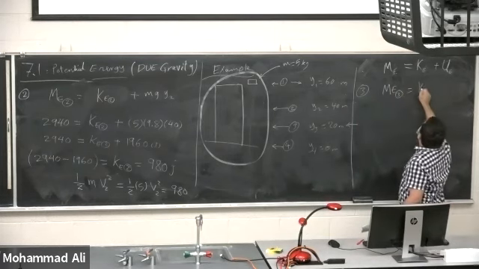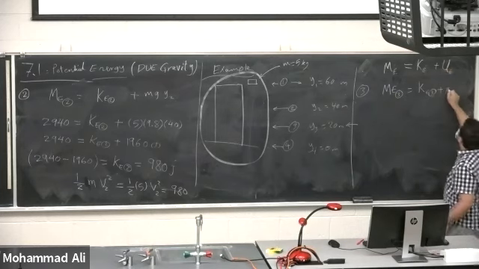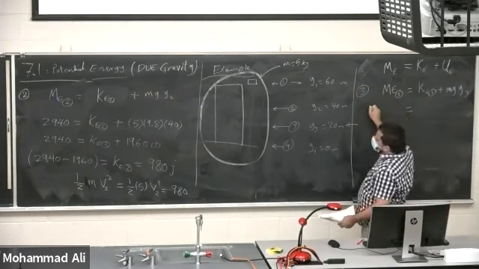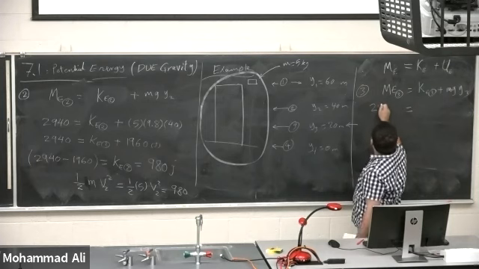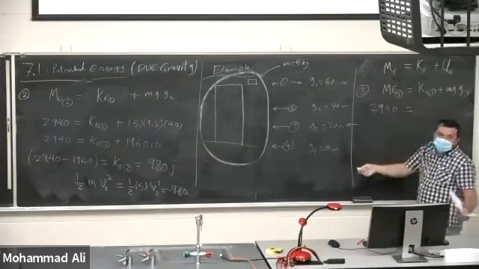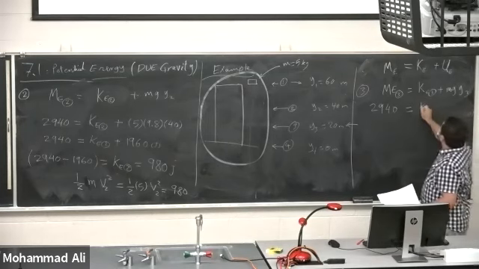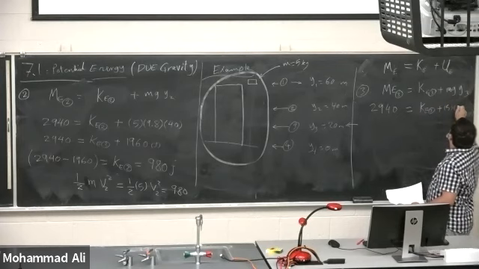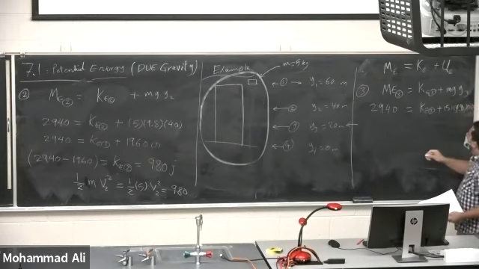It is equal to the kinetic energy at point number 3 plus the potential energy, which is m g y3. It is equal to the kinetic energy at point number 3 plus m, which is 5, g 9.8, y which is 20, so 9.8 multiplied by 20.